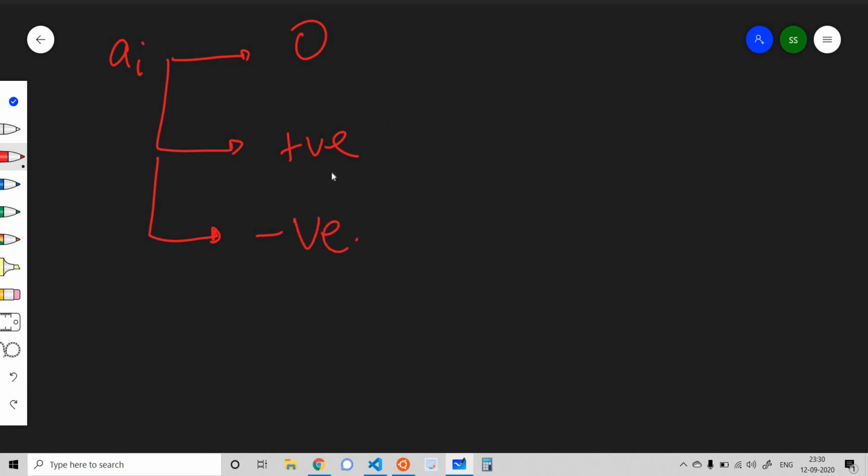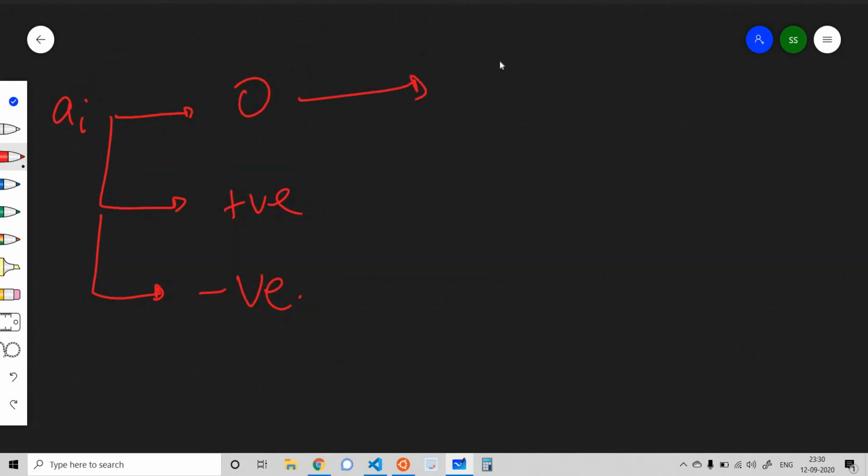So let's see what we can do and what are a few cases which we need to think about. The elements in our array a_i can be 0, positive, or negative. If it is 0, it will not be contributing to our answer because we are finding the product, and if we multiply anything with 0, it will turn out to be 0.